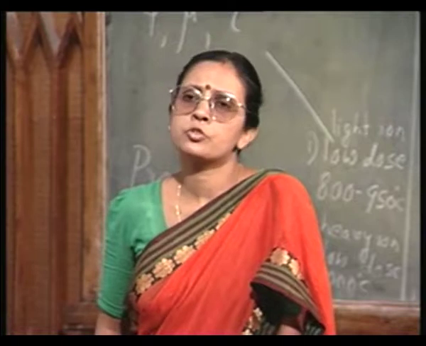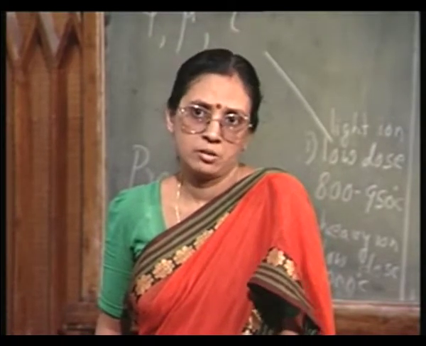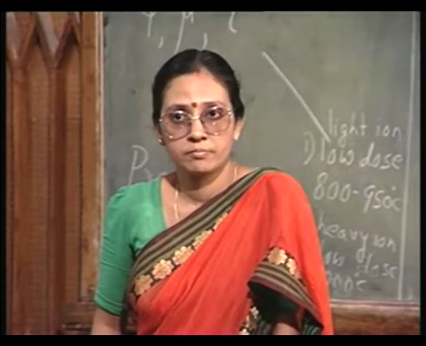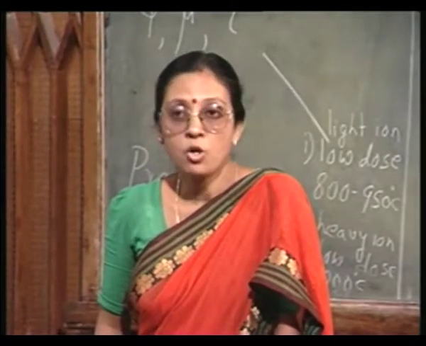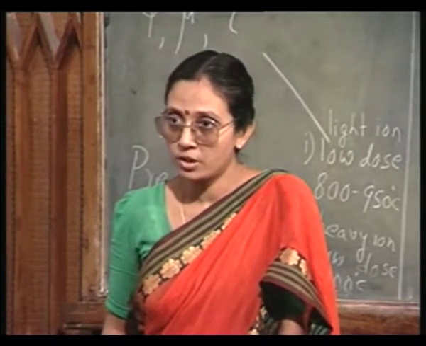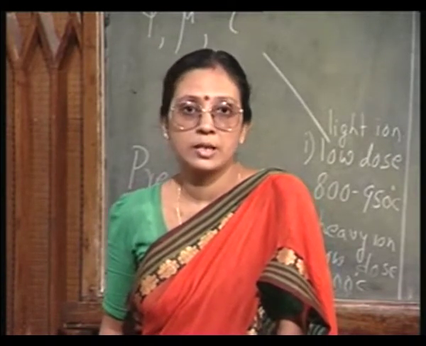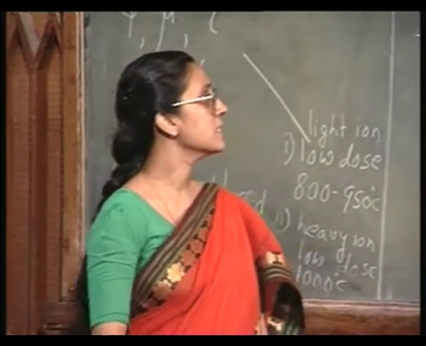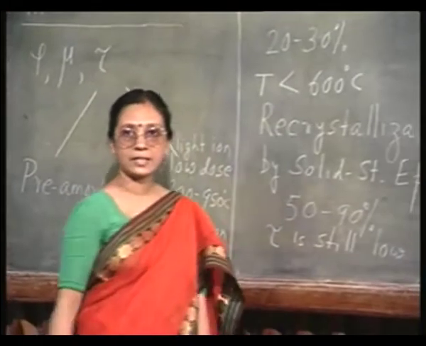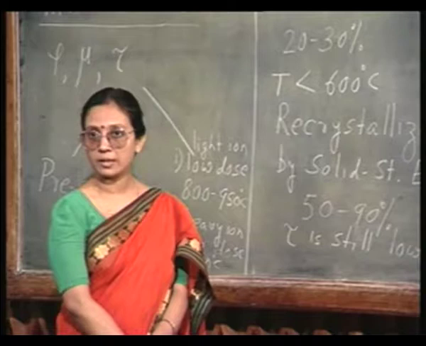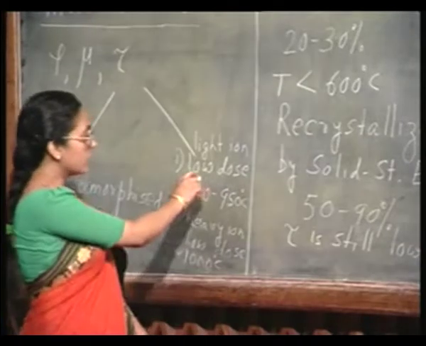Either I have put a very heavy dose of a heavy ion like phosphorus, which will cause pre-amorphization, or prior to the implantation itself I have done some self implantation which has caused the layer to be pre-amorphized. But there you see it is much easier to get back the carrier activation. By 600 degree centigrade I can get back the carrier activation. Compare it with this case.